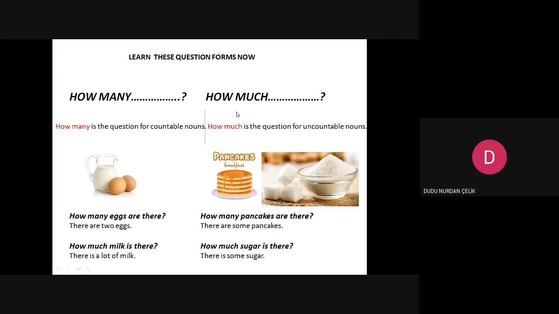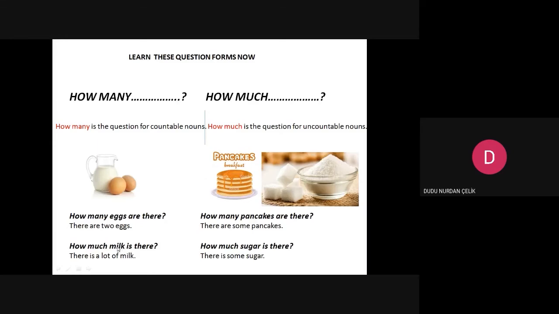When we make questions with how much, we have to use uncountable nouns with how much. Look, milk is uncountable. So when we ask the quantity of milk, we use how much question. How do we ask? How much milk? This is singular, always with how much.